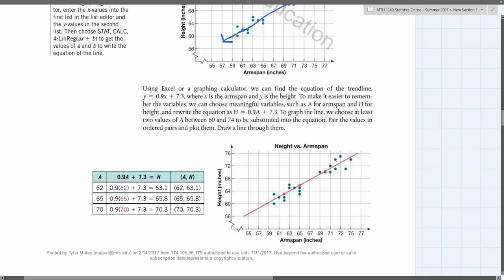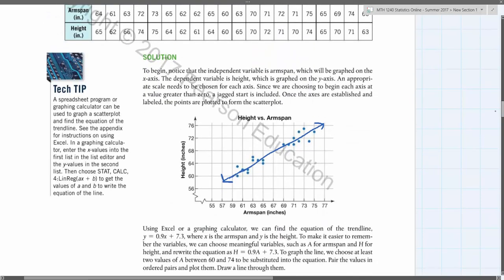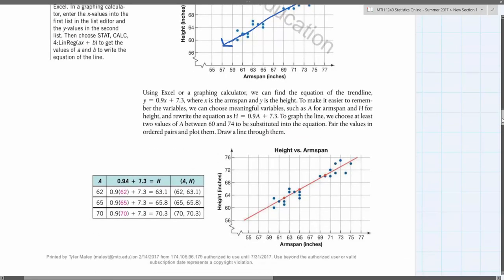And this next graph has the trend line plotted over top of the scatter plot, so you can see how that works. This line up here I just eyeballed, but you can use technology to actually find the best fit line.